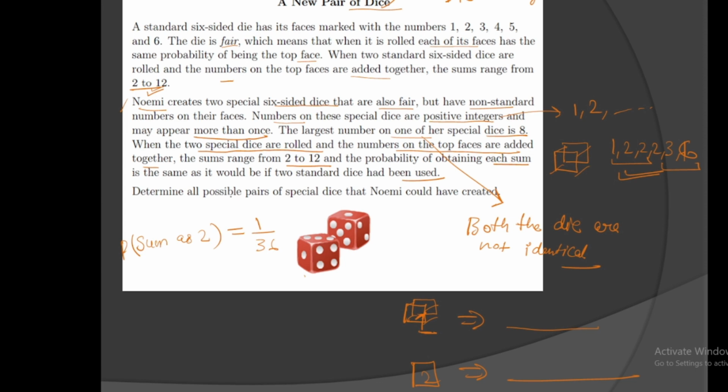So we will be doing that. Determine all the possible pairs of special dice that Noemi could have created. Okay. We need to find all the possible pairs that the dice can have, to fulfill this condition: the probability of obtaining each sum is the same as for two standard dice. So we will be doing it.